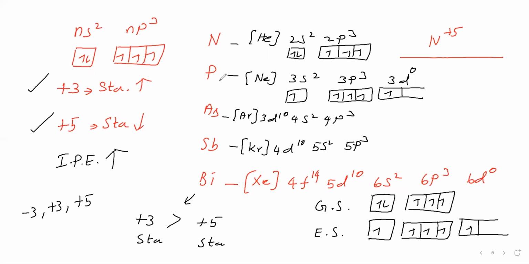Next, we will see the rest of the oxidation states. They show the general oxidation states -3, +3 and +5. What are the other variable oxidation numbers, we will see.